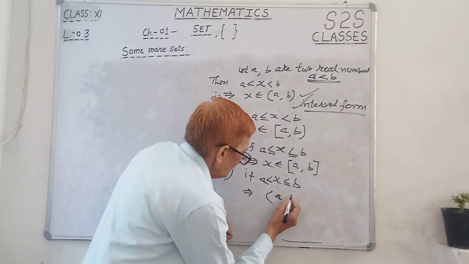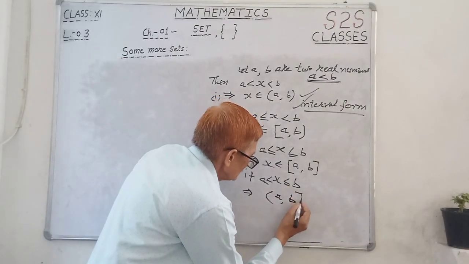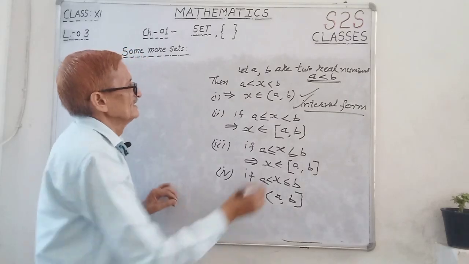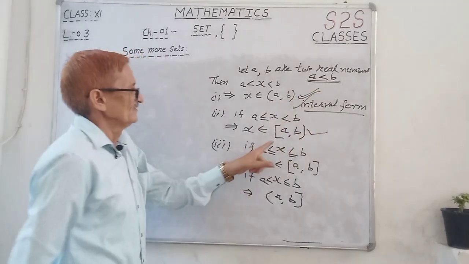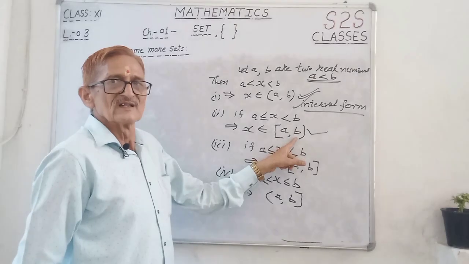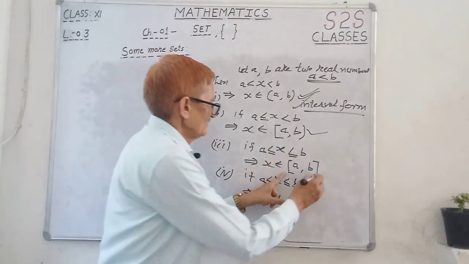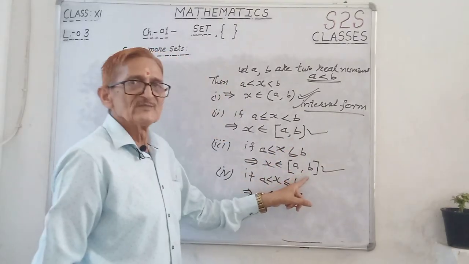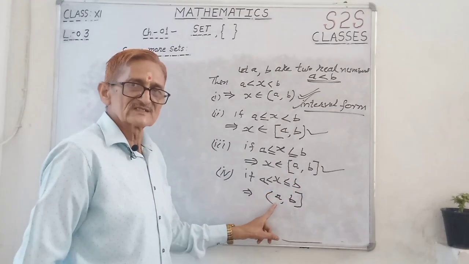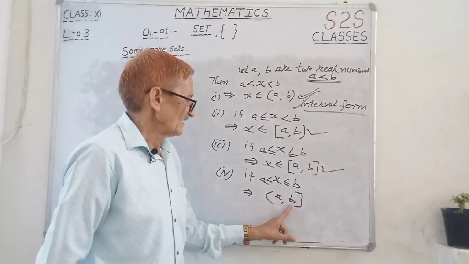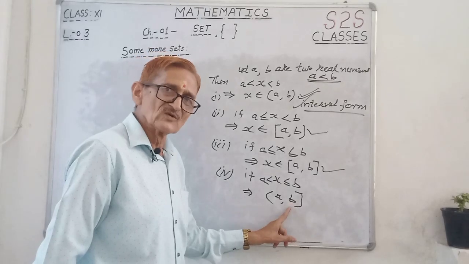So think of these four: one, both open; second, first included, last one not; third, both a and b included and between all; and in fourth, first not included and the last b is included.